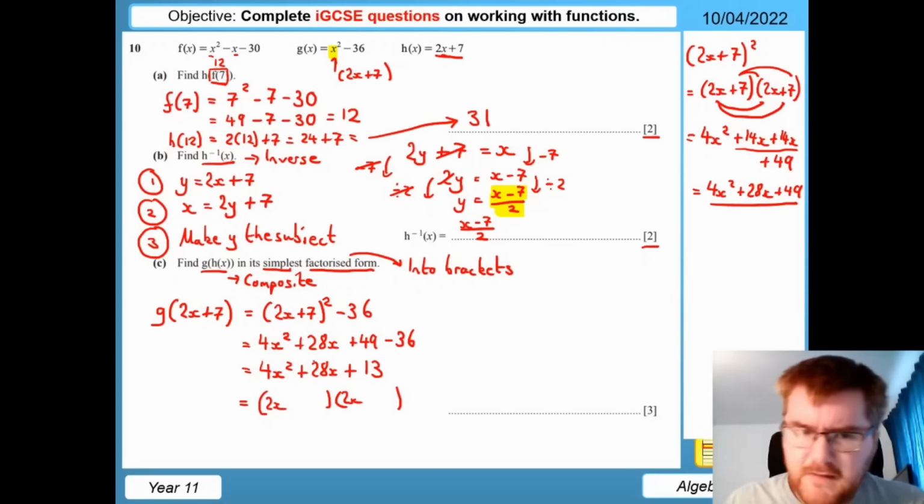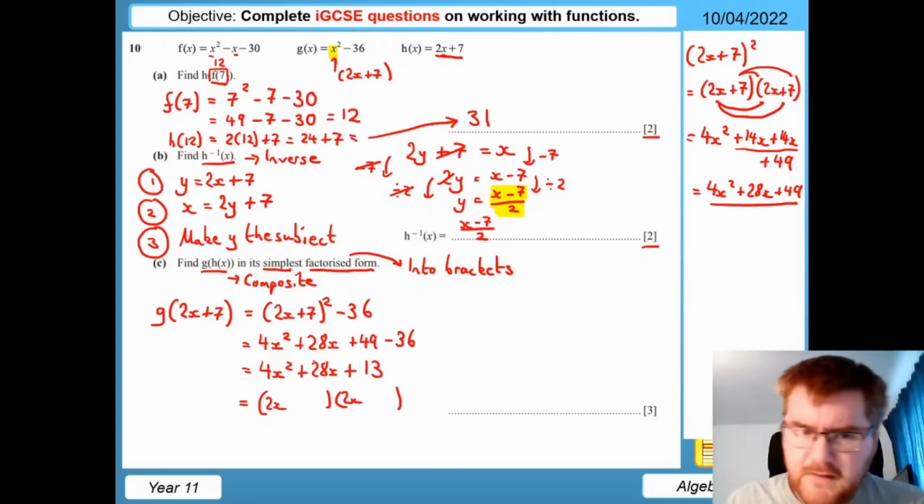And what I'd always do in the exam is check that we do get the middle term here by checking the cross terms. Now what do I mean by the cross terms? Well, I mean when we multiply the outside here and the inside, because that gives us our x term in the middle. So let's just double check this. Well, 13 times 2x is equal to 26x. 1 times 2x is equal to 2x. 26x plus 2x is equal to 28x, which is exactly what I want in the middle.